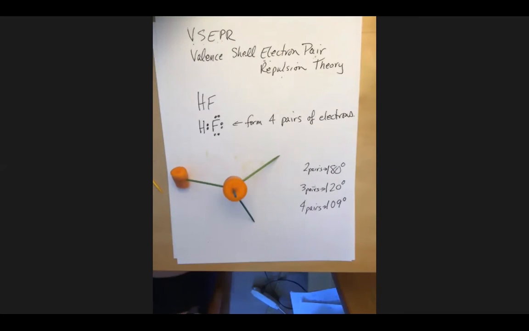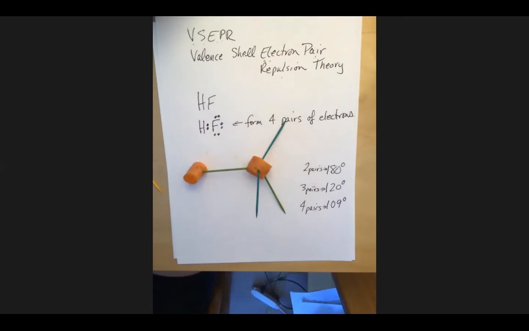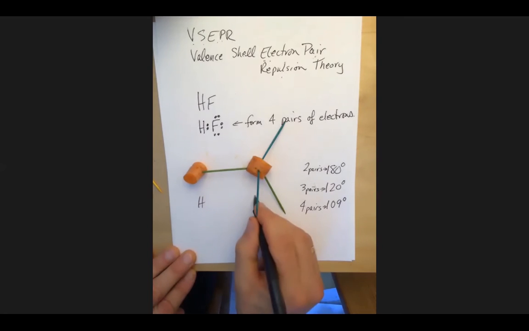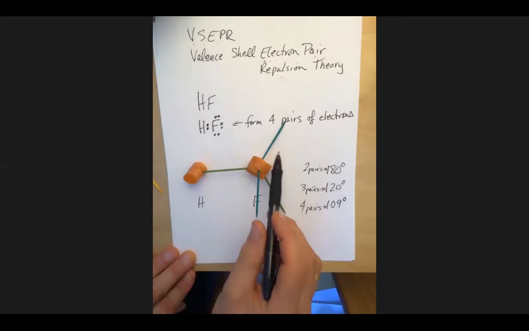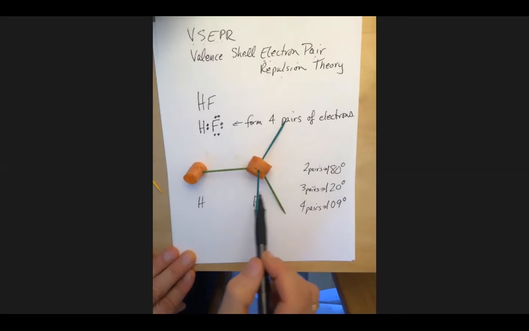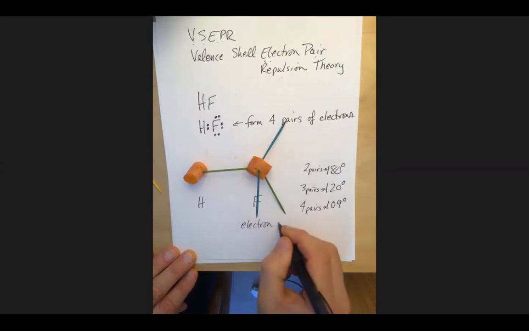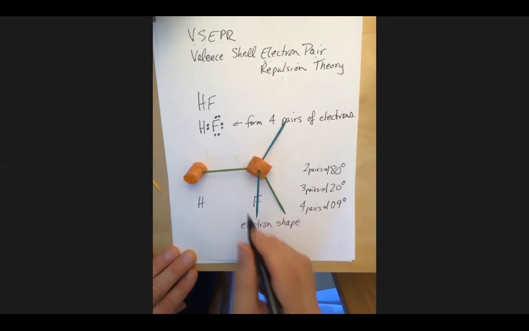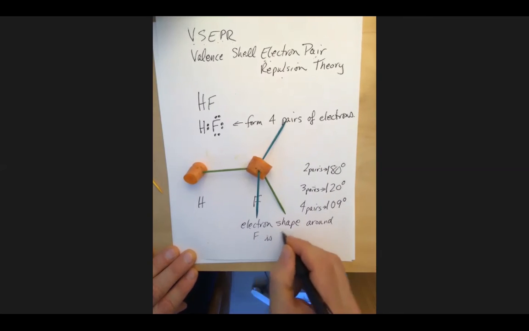And then we could say, take a look at this molecule. Now, if I flip it this way, we've got hydrogen and fluorine. And so the shape of the electrons around the fluorine, there's 4 of them, so we would call the electron shape around the fluorine tetrahedral.